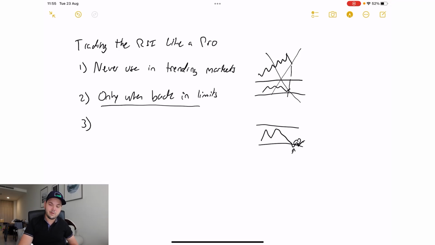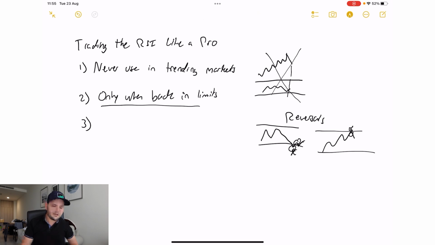Okay, that's the right place to buy. This is the wrong place to buy, when it's still outside the limit. Same thing if you have your RSI like this and then the RSI goes here, then it's oversold. You don't want to just sell here. You want to wait for price to come back within the normal limits, the 70 and 30, to sell in this case, for example. And that's only if you trade reversals.